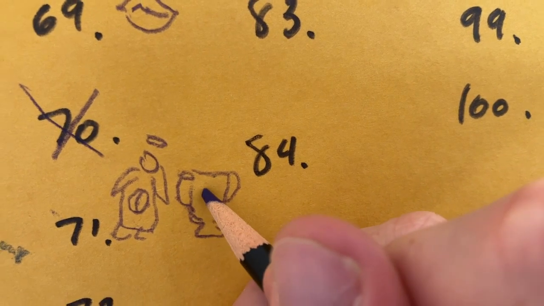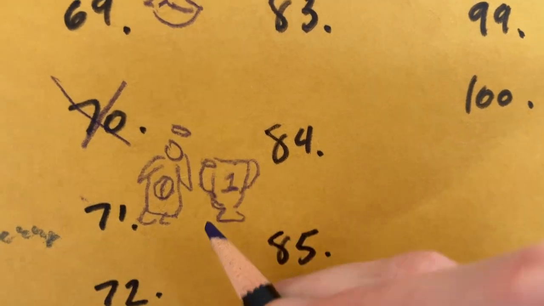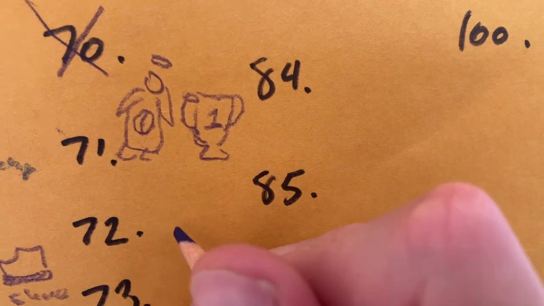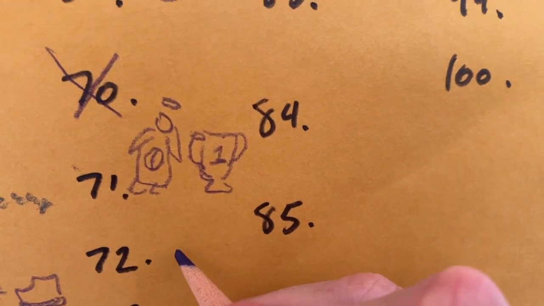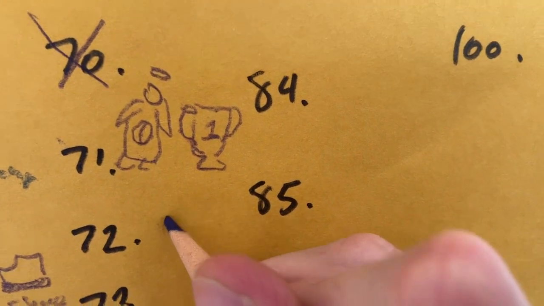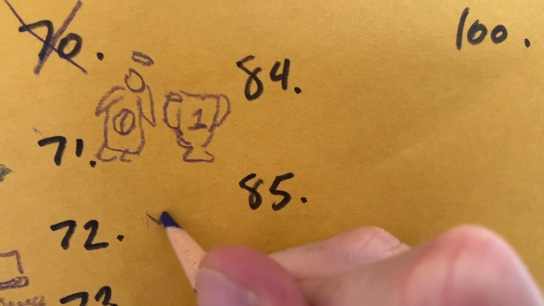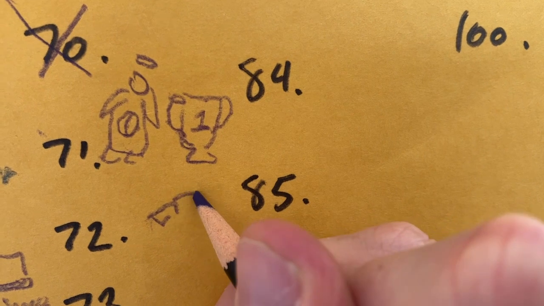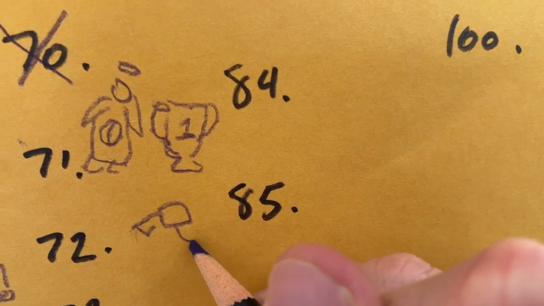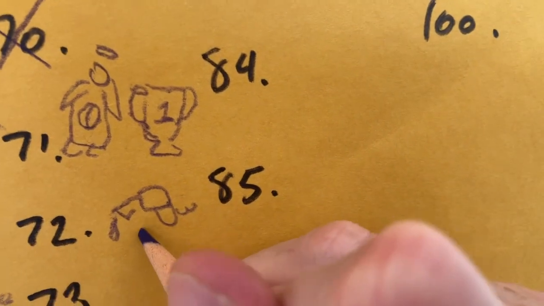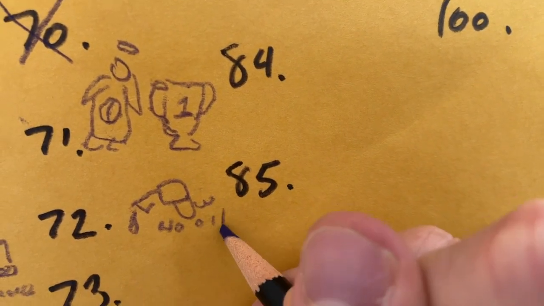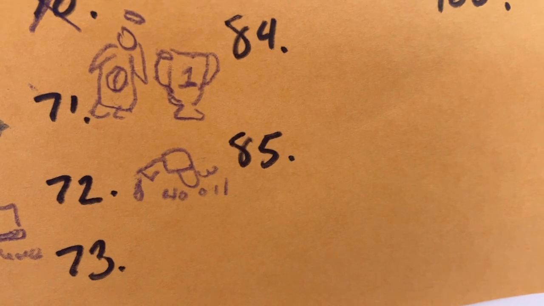Okay, for 72, let's see. Was that the year of the gas crisis? Make it an empty oil. Like a trip, no oil. 73.